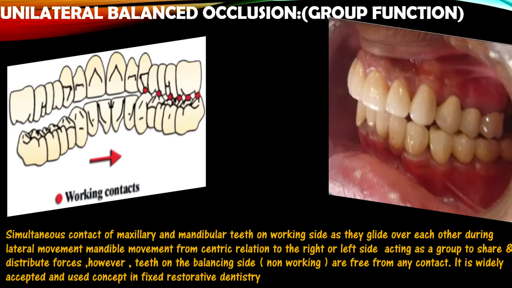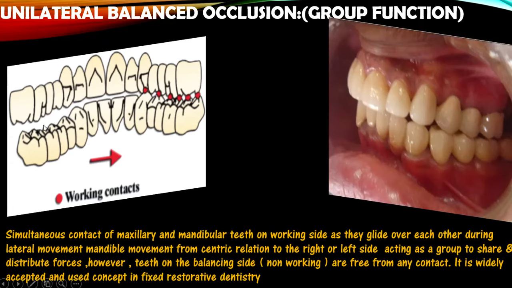In this type of occlusion, when the mandible is moved, طبعا السايد move toward it راح نسميه هو شنو؟ working side. وهذا شنو؟ other side اللي mandible move away from it هو balancing side.